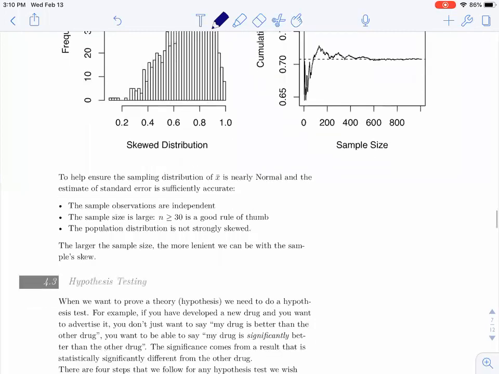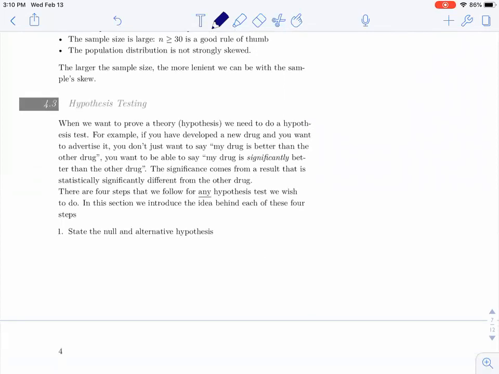I'll just start talking about hypothesis testing because I'd say it's the best part of the course. It's not fun in the beginning because there's a lot of rules and a lot of ins and outs of hypothesis testing to keep track of.